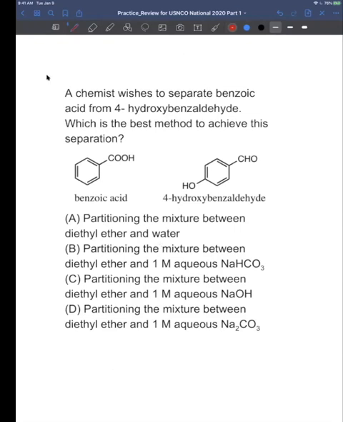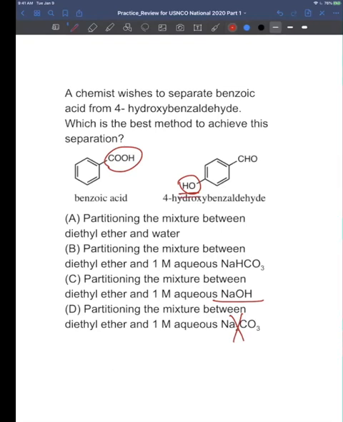The answer is B. You cannot choose C because C will also deprotonate the phenol, which means you still cannot separate the two products, right? Because both are more soluble in the aqueous solution. You cannot choose sodium carbonate because sodium carbonate is basic enough to deprotonate the phenol, as we mentioned.